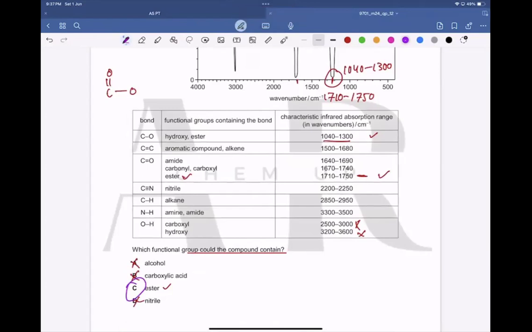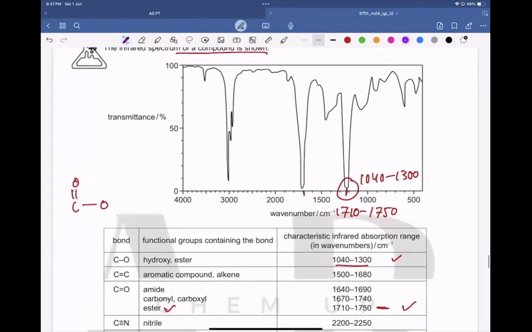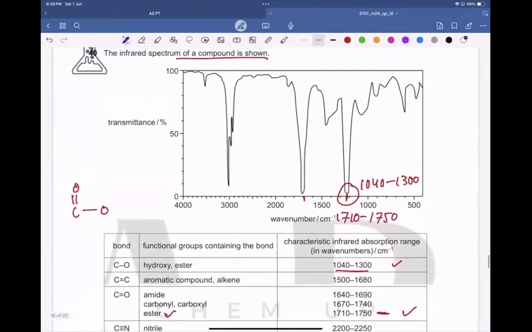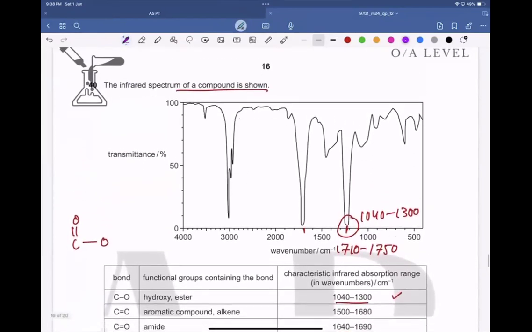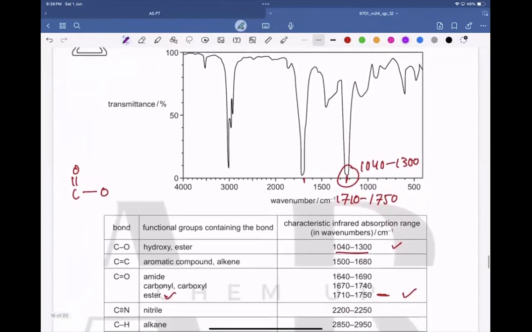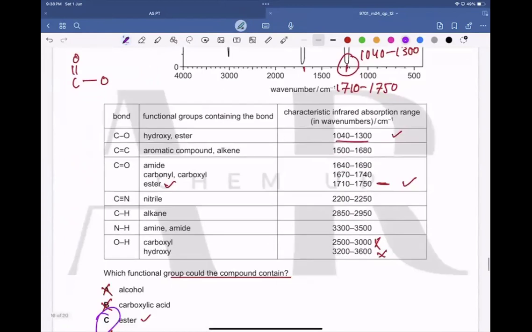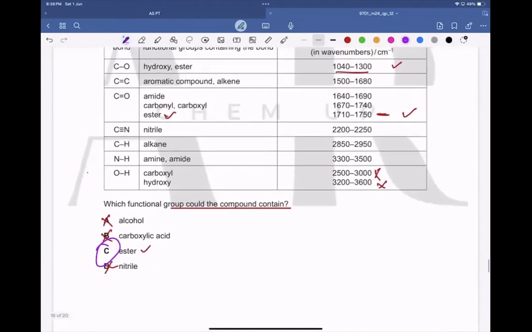Yes, see, we have seen there are 2 peaks. One is at 1710 to 1750, which is the C double bond O of ester, and there is another peak between 1040 to 1300, which is the C single bond O of ester. And there is no peak present of the alcohol.